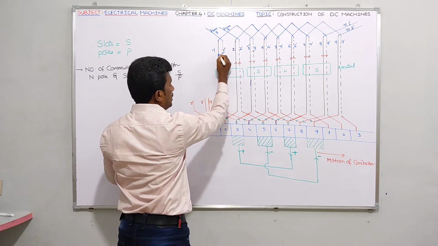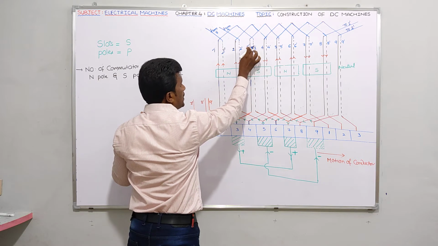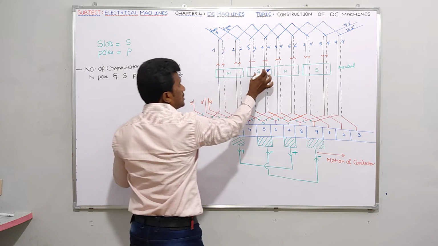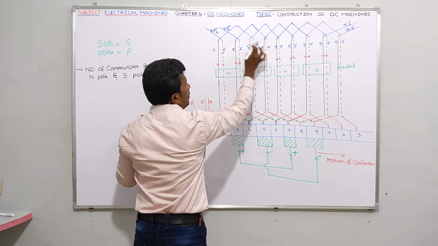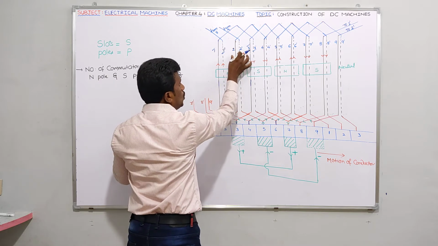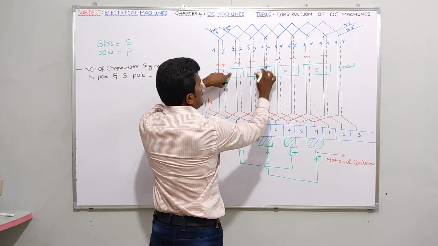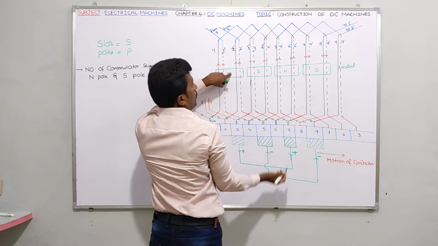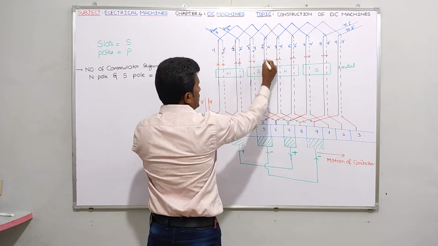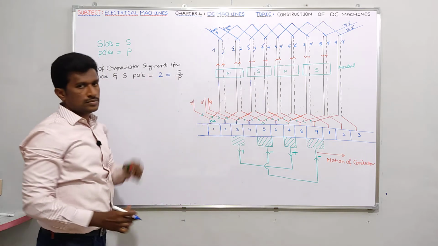So like that, please try to compare. Slot number 1 top conductor under the north pole is compared with slot number 3 top conductor under the south pole. Slot number 1 bottom conductor is compared with slot number 3 bottom conductor. Or under the north pole, slot number 2 top conductor, and under the south pole, slot number 4 top conductor. 2 is connected to the second segment and 4 to the fourth segment. 4 minus 2 is once again 2.